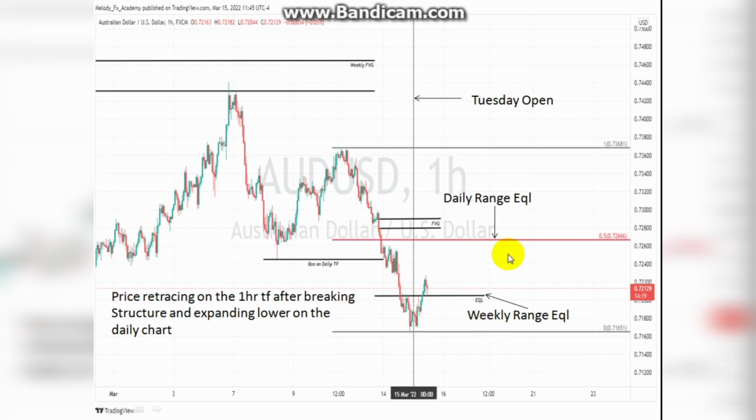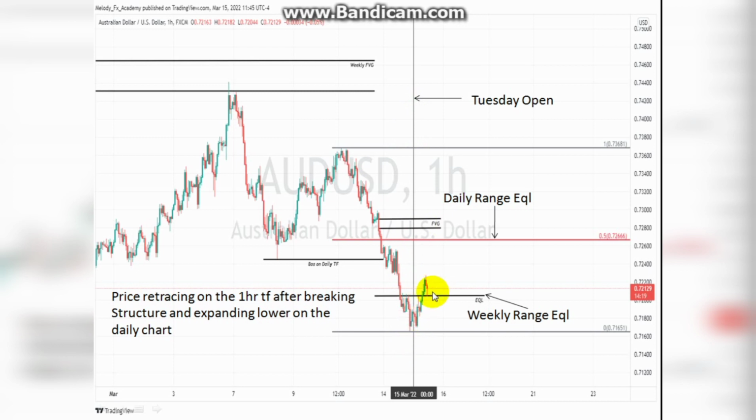While this is the daily range equilibrium, from this trading range high to this trading range low. If we are expecting a retracement which has not yet happened, we are ignoring all this, just like we are coming to the charts for the very first time.